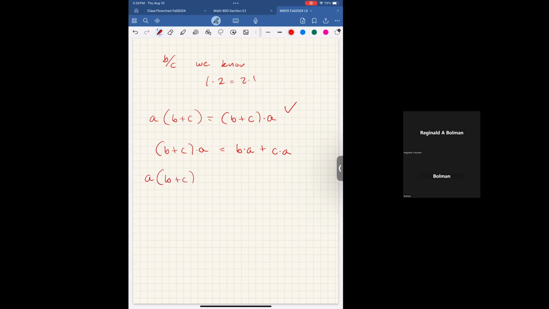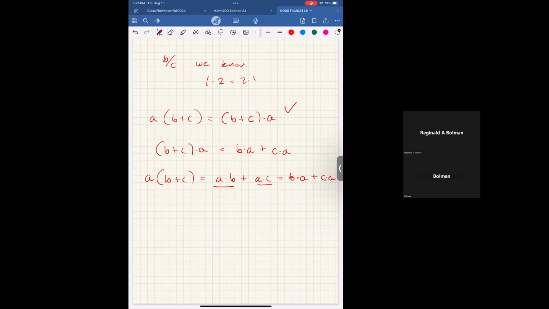Well, one way to do that would be to start with left-handed distribution, which is this A times B plus C, and just write out A times B plus A times C. Then what you're going to do is use that commutative law. You're going to use the fact that we can multiply the A and the B and the A and the C in any order, and we'll just go ahead and switch the order. Well, we said that A times B is the same thing as B times A, so I'm just going to switch the order.